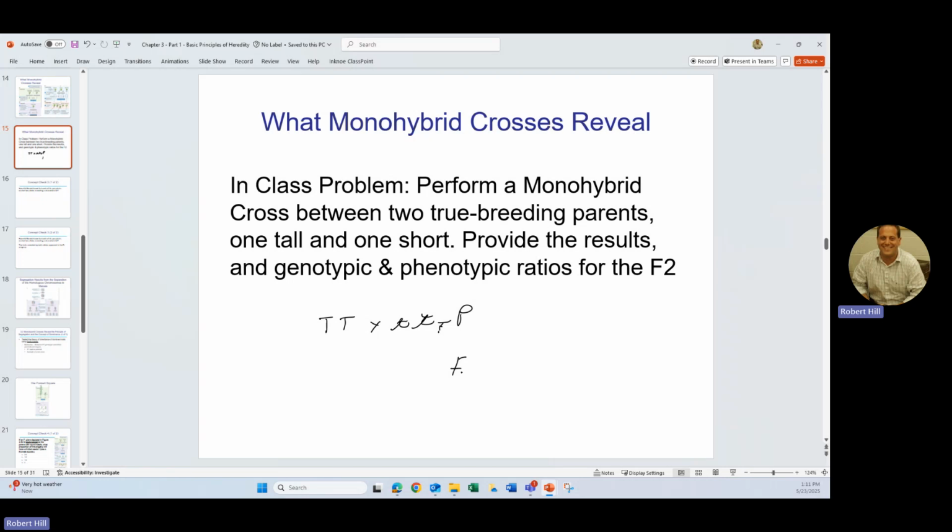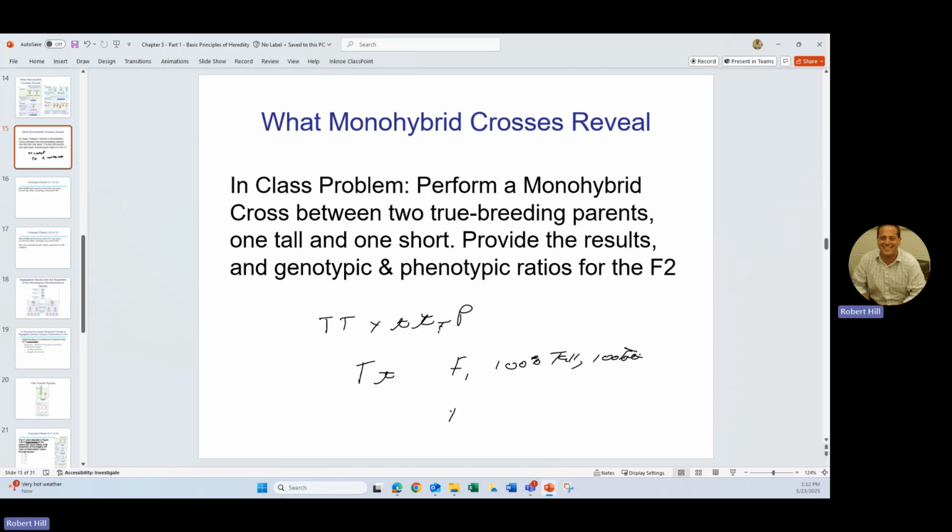The F1 generation, when we cross these, is going to be 100% heterozygous, big T, little t. So this is 100% tall. That's the phenotypic, and 100% big T, little t is the genotypic.